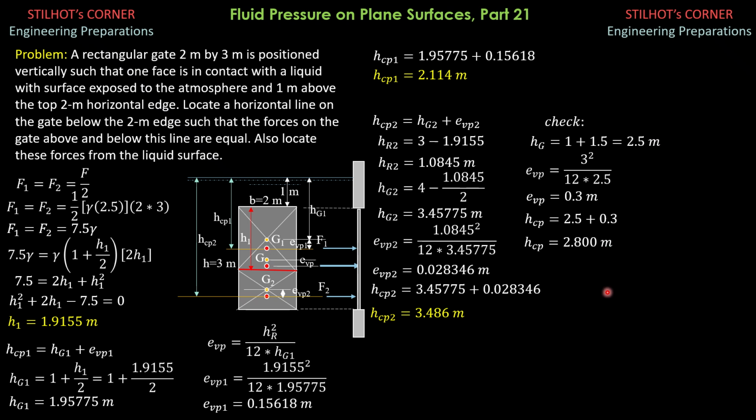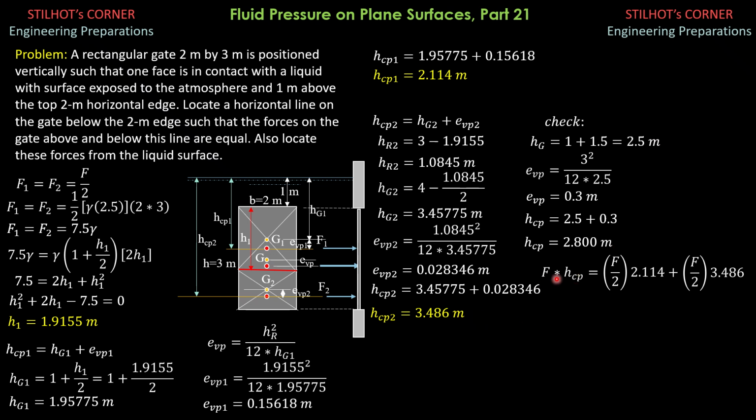By Varignon's theorem, F times H sub Cp equals F over 2 times 2.114 meters, H sub Cp1, plus F over 2, F2, and the moment arm, if you take moment about the top liquid surface, is 3.486.